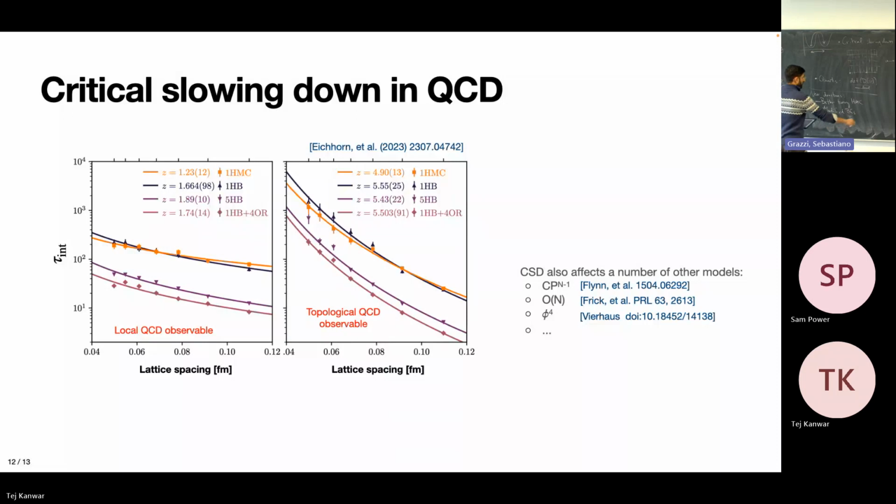Just a couple more options to mention. There's also what I think is kind of an interesting approach to use parallel tempering.